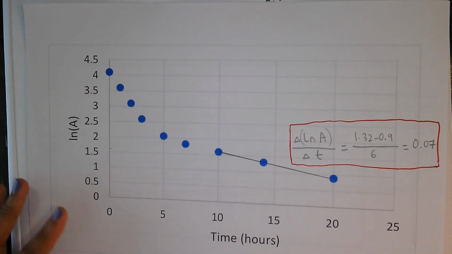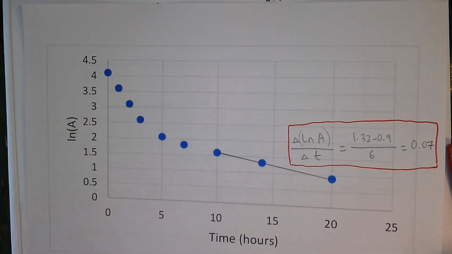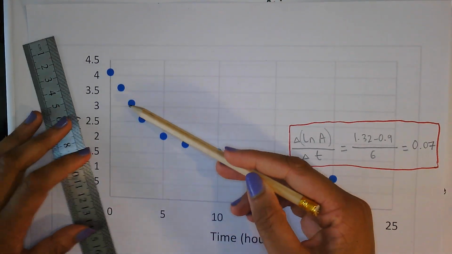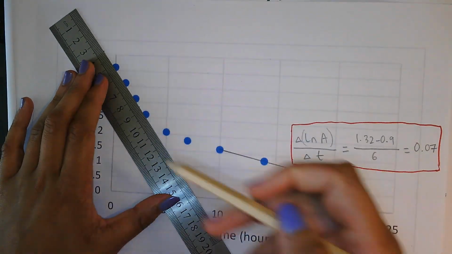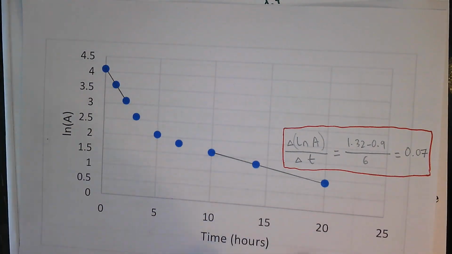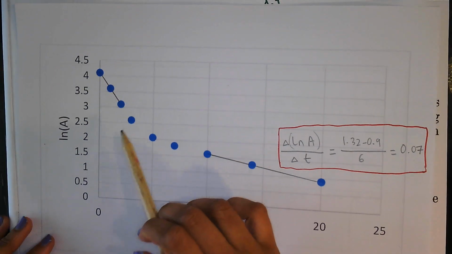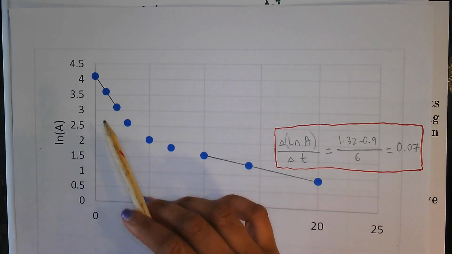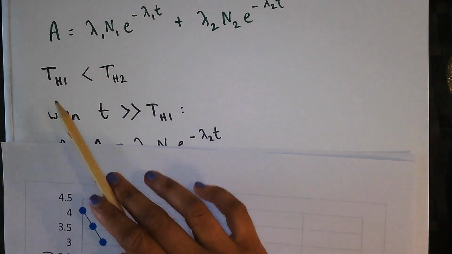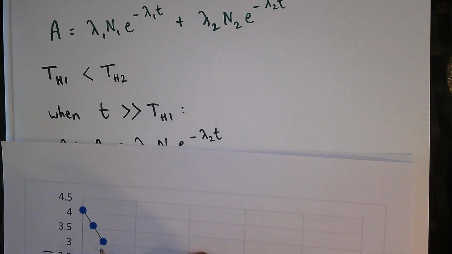So now if we consider the first part of the graph, we notice that this section is also linear, it's a straight line. From around 0 hours to 3 hours, that is clearly a straight line. So again, this tells us that when t is small, the activity of the sample was dominated by one of the components, and we have said that TH1, the half-life of the first component, is smaller than the half-life of the second component.